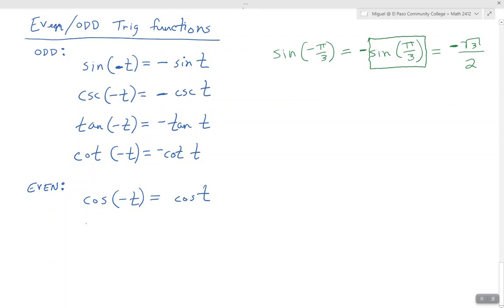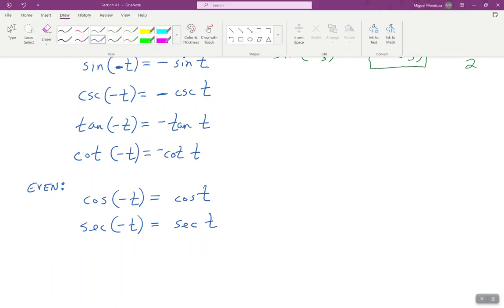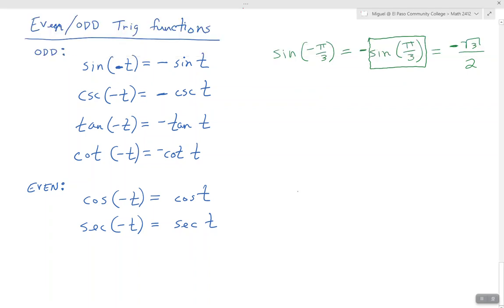And the reciprocal follows along, secant. So in other words, if they were to ask you to find cosine of negative 5 pi over 4, you could just find cosine of 5 pi over 4. That would be the same thing.